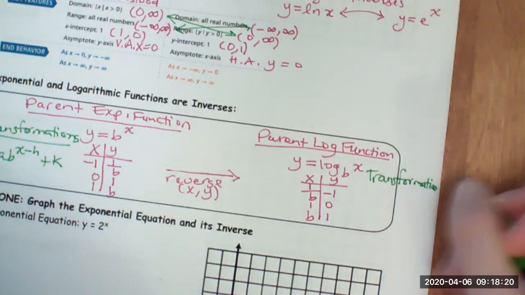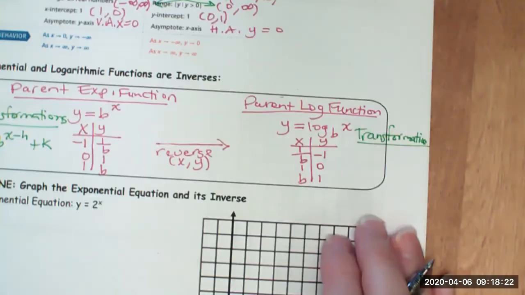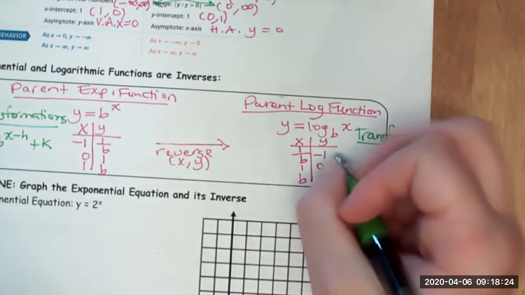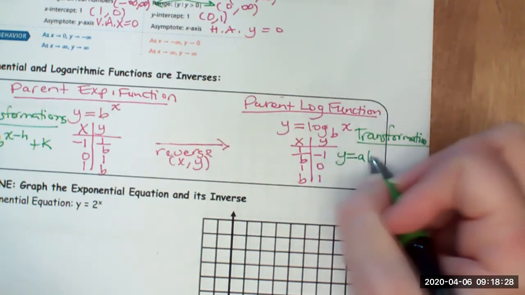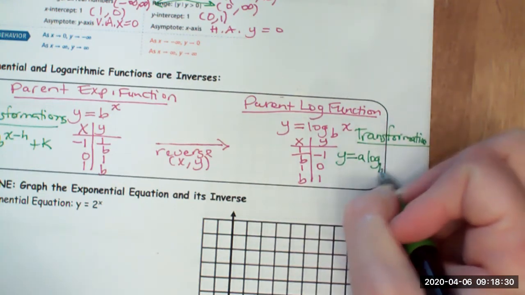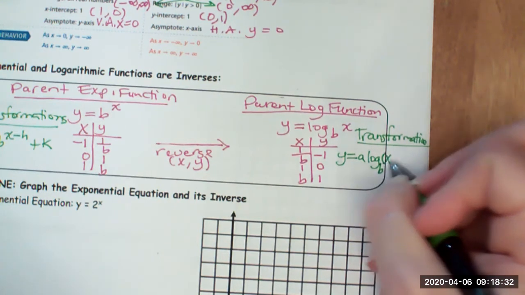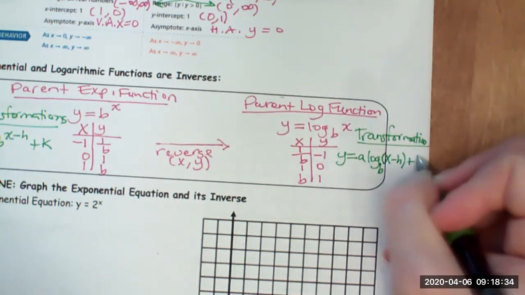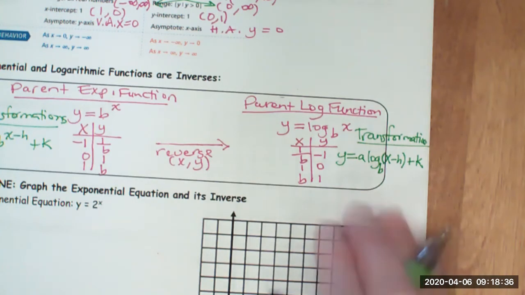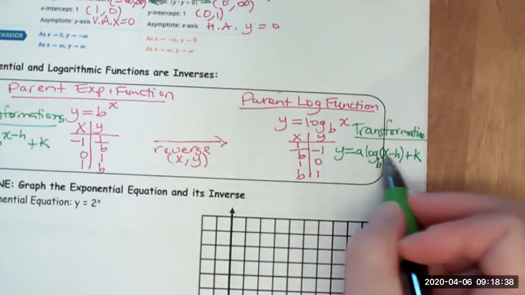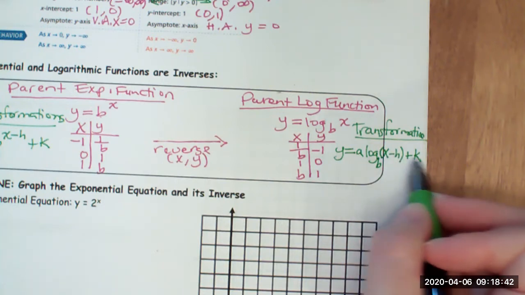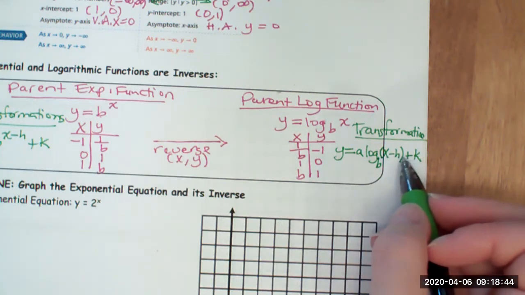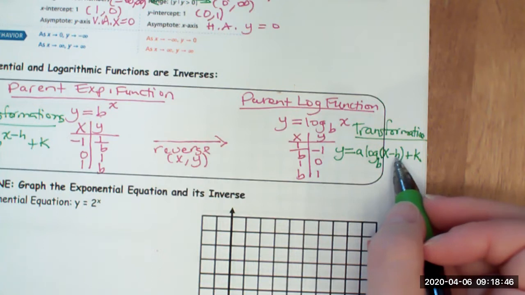So when we want to do transformations for logs, we're just going to say y equals a times log base b, and in parentheses, we'll say x minus h, plus k. Okay? Now, it's very important for you to focus on what's in parentheses here and what's out of parentheses here. And we'll see that a lot later on when we're graphing and when we're calculating inverses.